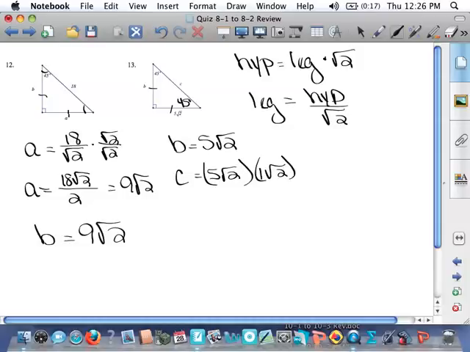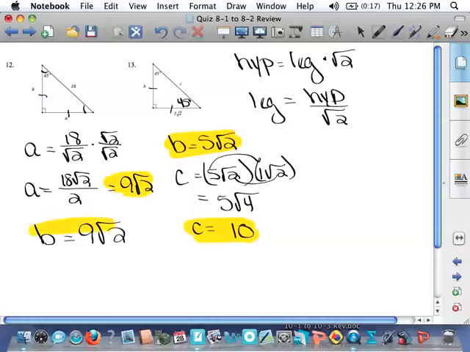Put a 1 there if it helps. Multiply what's outside together. You're going to get 5. The radicands together, square root of 4. Square root of 4 is 2. Therefore, C is equal to 10. So there is your A and B for 13 and your A and B for 12.